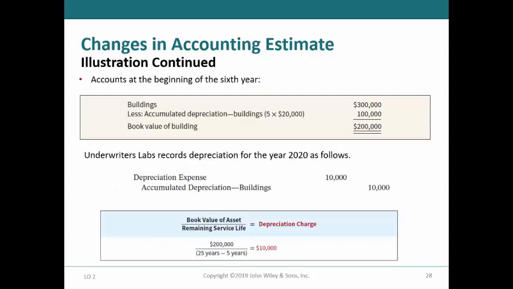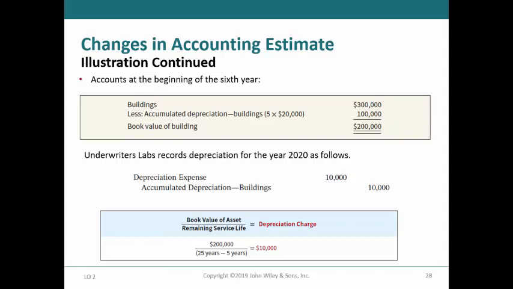After depreciating the building for 5 years at $20,000 per year, which is equal to the $300,000 of cost divided by 15 years, the building had $100,000 of accumulated depreciation and a book value of $200,000 at the end of 5 years.